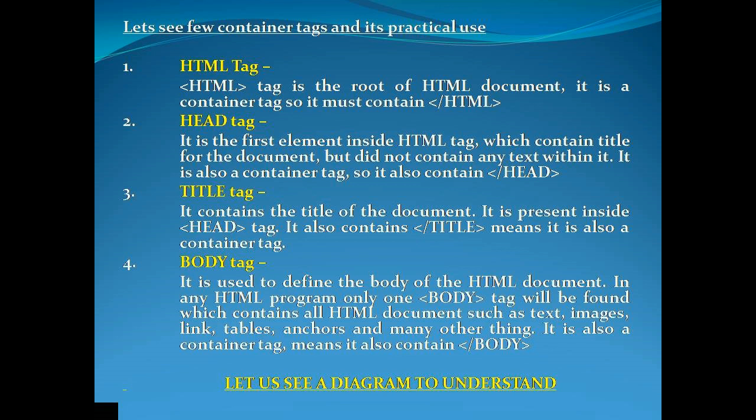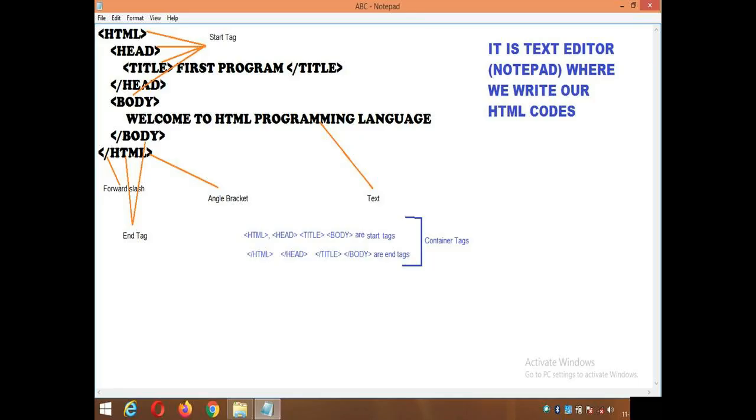It may be a text, any image, any link, any table, any anchor. All those things will be written here, and according to their work, they will display over the web page. Now let us see a program to understand.